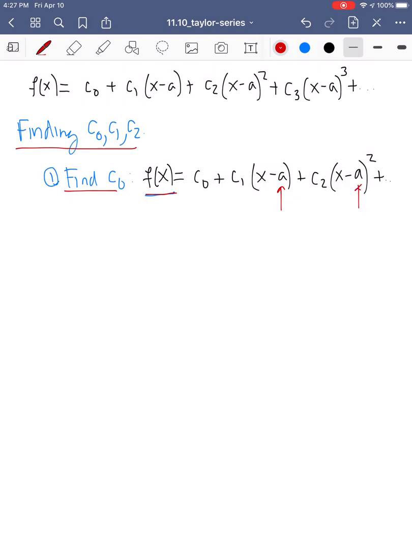We're choosing what a is. We're thinking, hey, for this problem, a equals 0 or a equals 1. But a has some specific value. So if we're trying to figure out what this C0 value is, we can ask ourselves, what clever value of x could we evaluate f of x at to get C0 by itself?